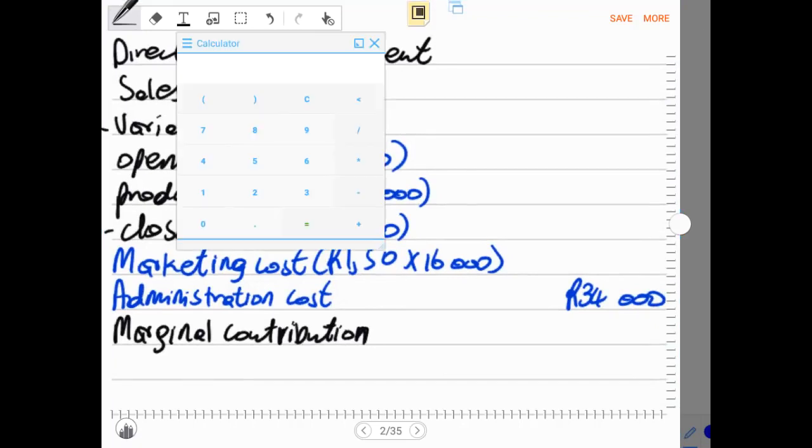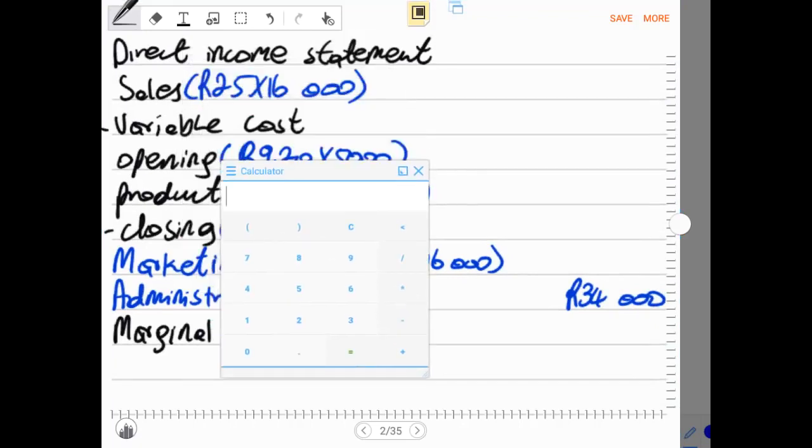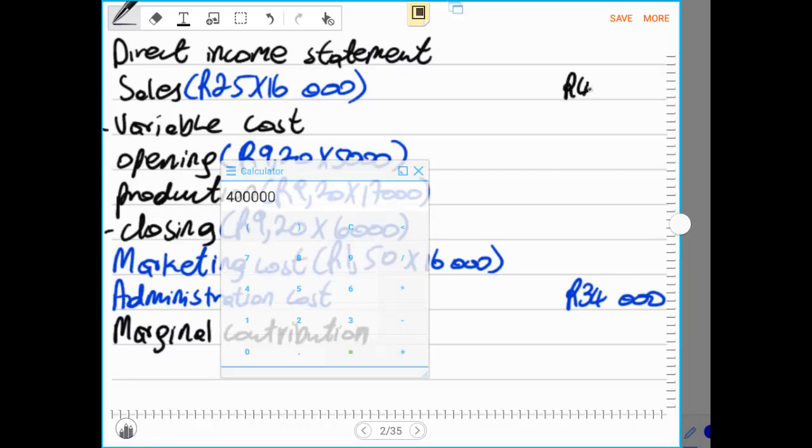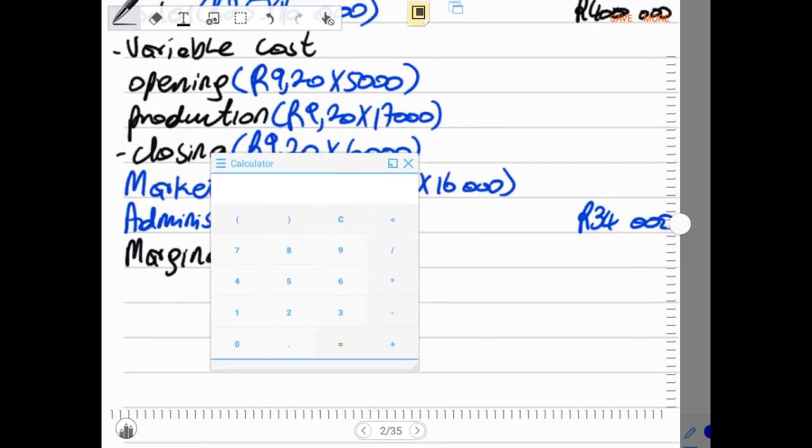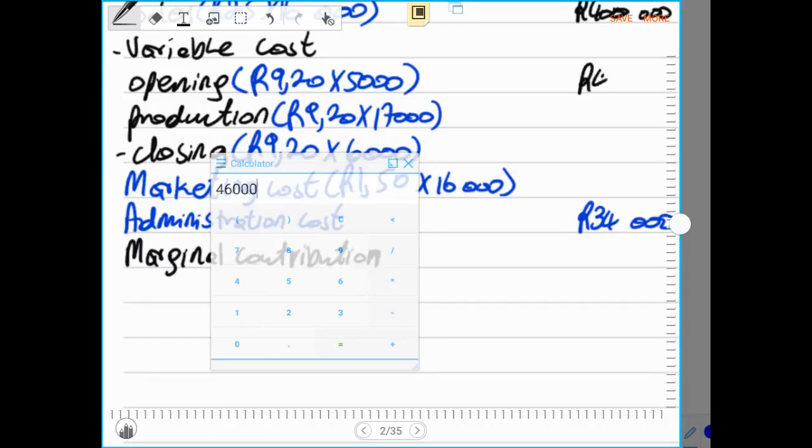So now we start from the top, where we calculate our sales. Our sales are 25 rand times 16,000 units, and this will give us 400,000 rands. That will be the amount of sales. Then after, our opening inventory will be 9 rand 20 cents multiplied by 5,000, which is opening inventory, and this will give us 46,000 rands.